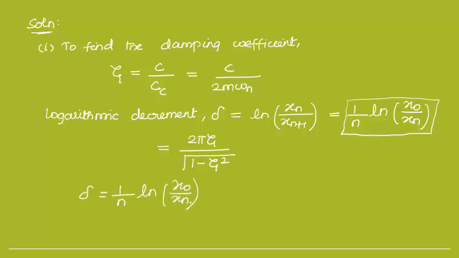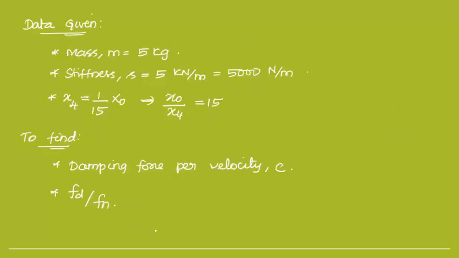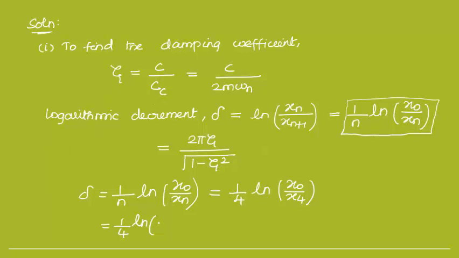So del is equal to 1 by n ln of x0 by xn. In the problem, the data available is for the 4th cycle. So we can substitute 1 by 4 ln of x0 by x4. The x0 by x4 ratio is given in the problem as 15. So the del value will be 0.6770.